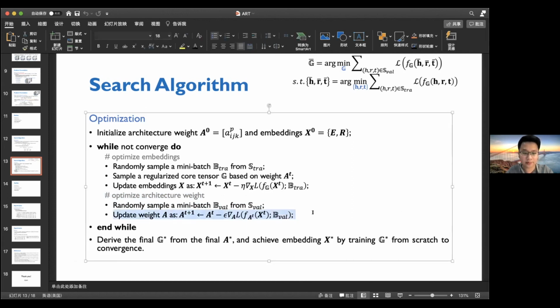Generally, we update this weight based on one previous paper, which introduced a proximal step, so it is safe to optimize the architecture weight.